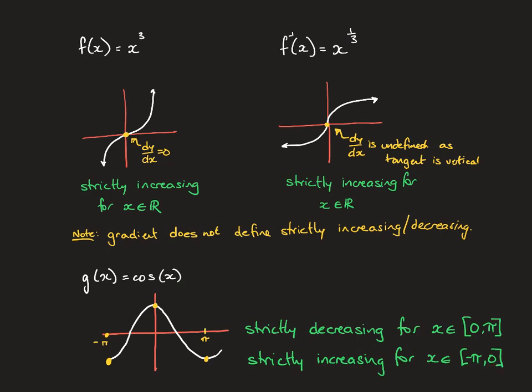So we don't define a particular point to be an increasing or a decreasing function. We're looking at the interval over which the function is increasing or decreasing, not at a specific point. We're looking at a section between two points.